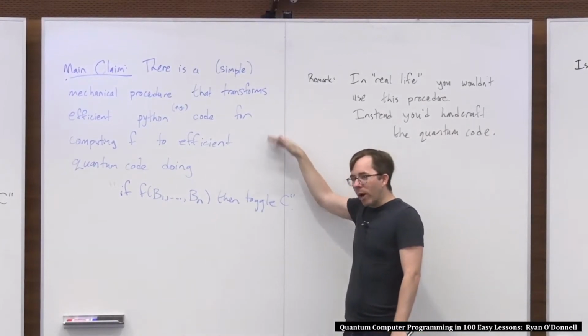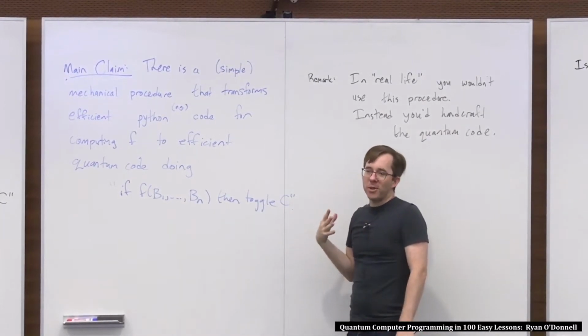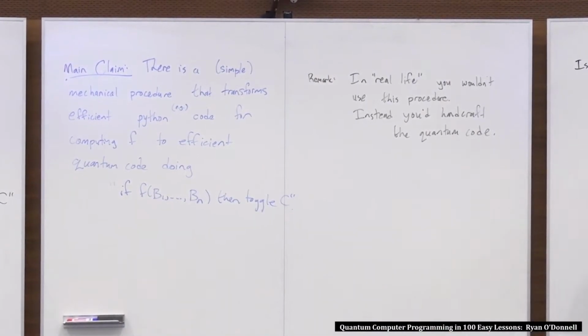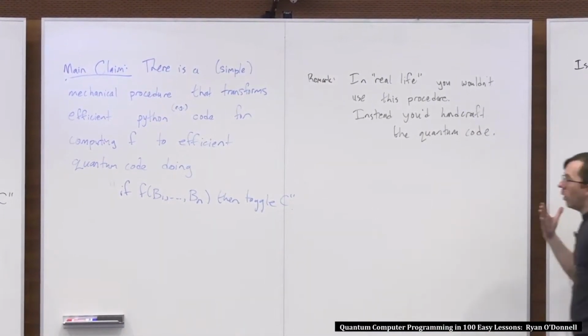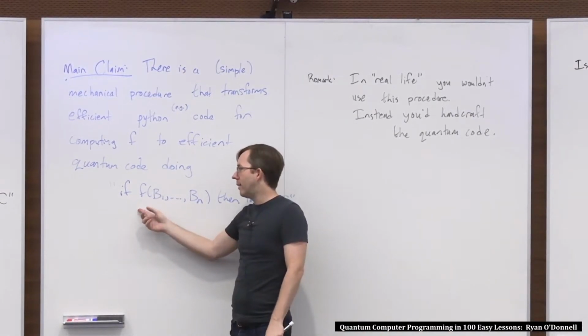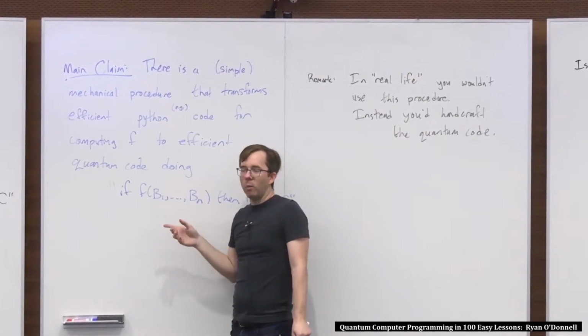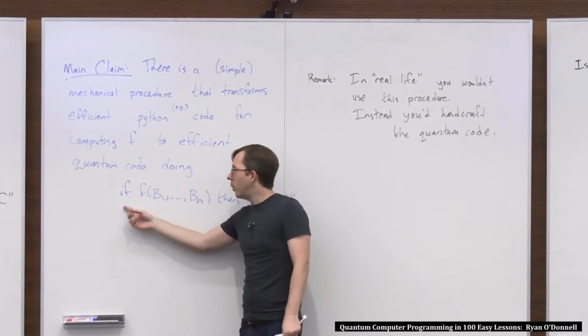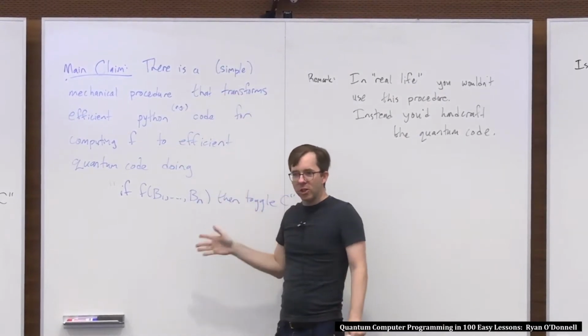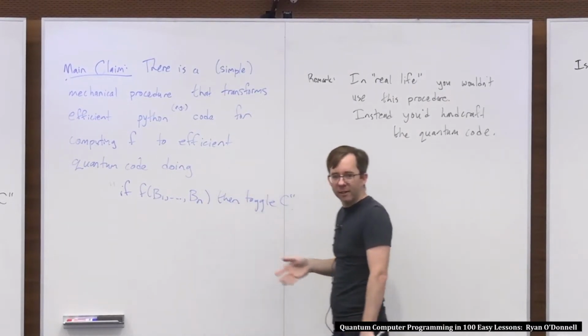However, the way we'll actually do it is not the most hardcore effective way. If in real life you have a certain f in mind, like the f that checks if an n-bit number is prime, and you really want to get quantum code for this, you probably wouldn't run it through this mechanical procedure. You'd instead just directly design it.